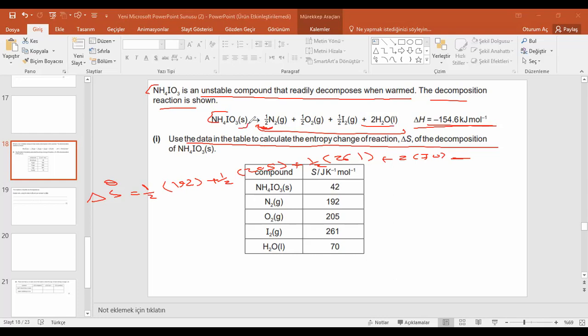We have only one reactant, so it is minus 42.